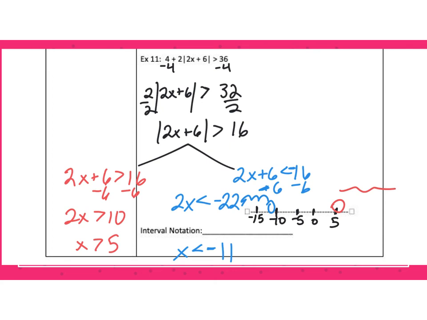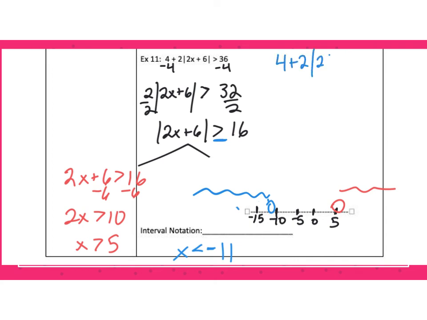So I shaded that up above. Again, I can erase up here real quick, just so I have a little bit more room. Okay. This was a greater, and this looks like an OR function to me. Let's go plug both these values in and make sure they work. So when we do that, we go back up to the top. So 4 plus 2 times the absolute value of 5 plus 6 is greater than 36, so check that one.